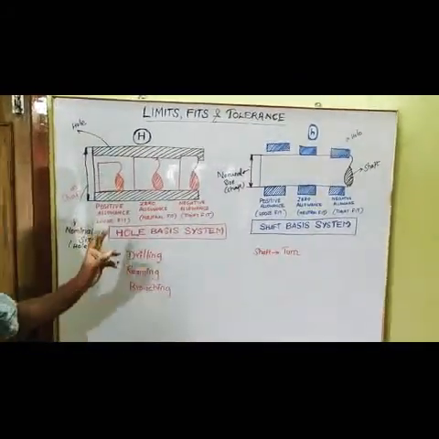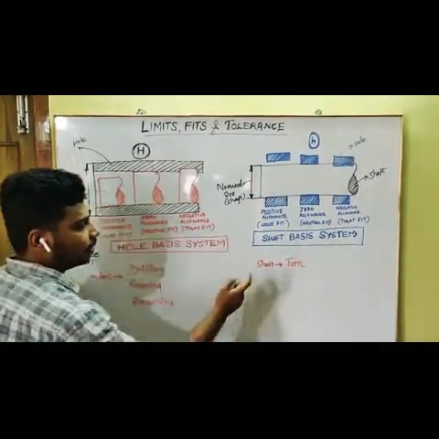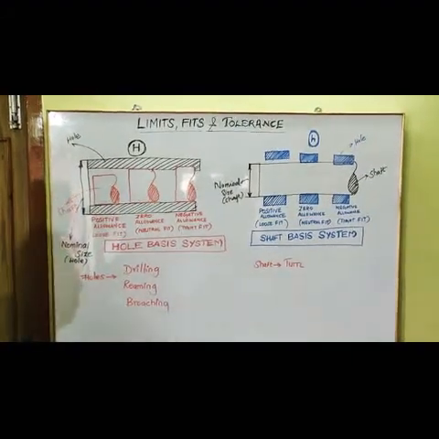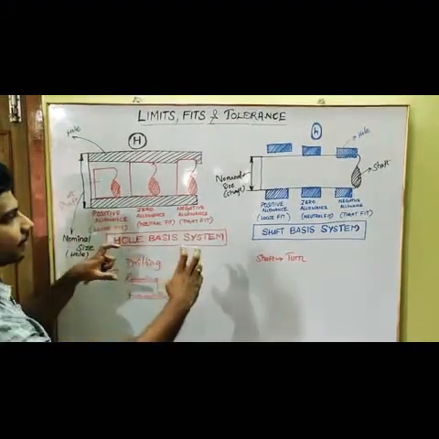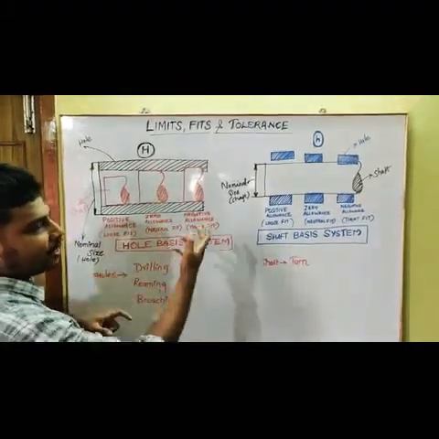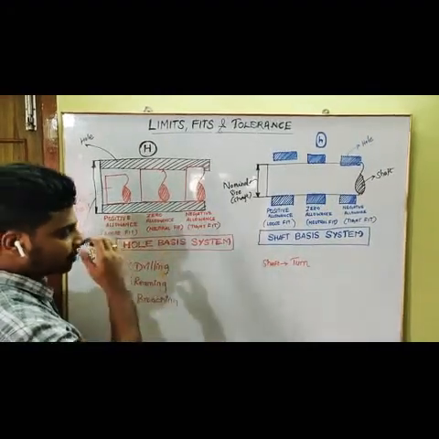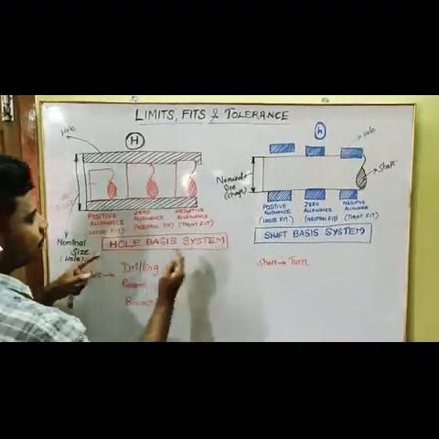So there are two kinds of basis system here. One is your hole basis system and one is your shaft basis system, right? As we saw in the last video, we have the hole and shaft, and we have given the deviation for both. Now I am going to select the hole basis system.